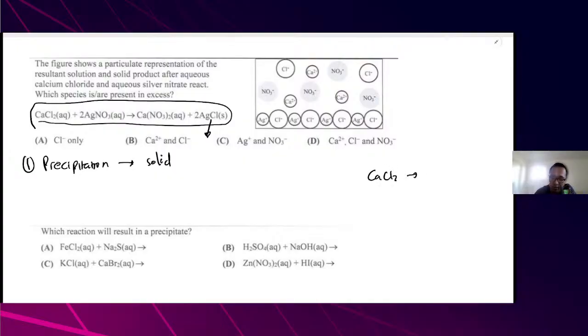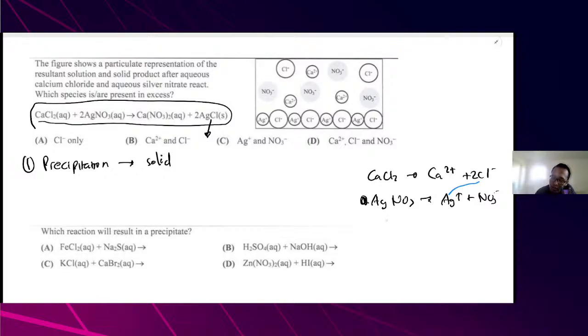CaCl2 will give us Ca2+ and 2Cl minus. How about the 2AgNO3? You don't need to put in 2 over here, just Ag+ and NO3 minus. When mixing together, the Cl will be mixed with the Ag.